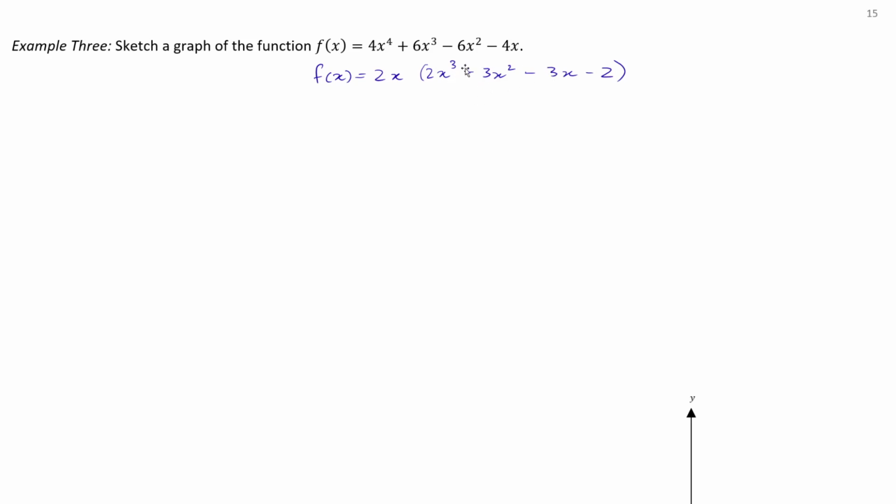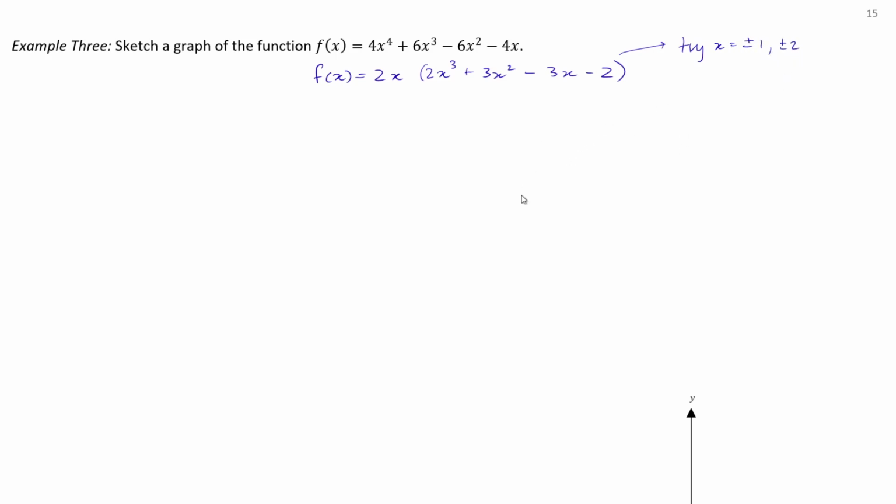So I'm going to find values of x that would cause this to return a remainder of 0, right? So I look at my last value here, -2, and for -2, I can think of all the possible factors of -2. So I can try x equal to plus or minus 1 and plus or minus 2.